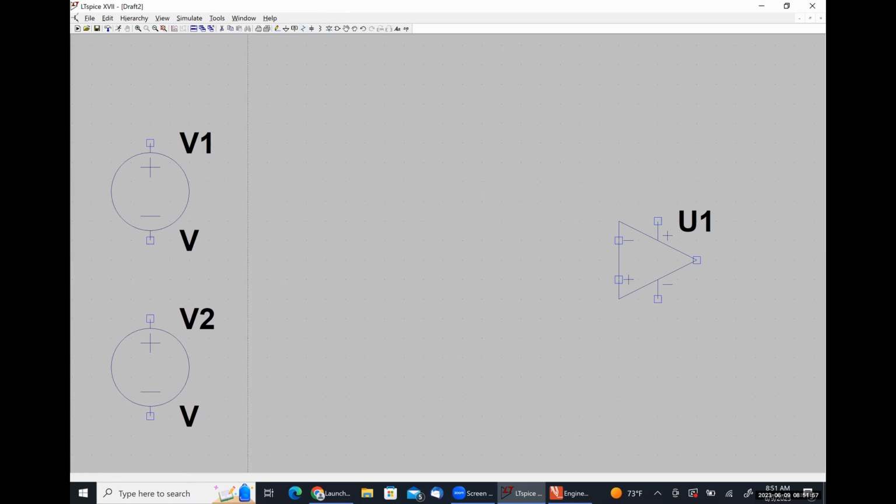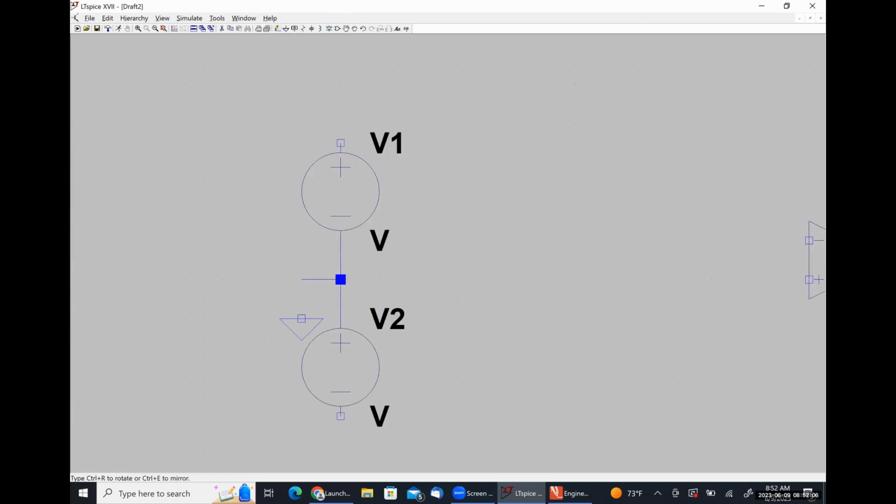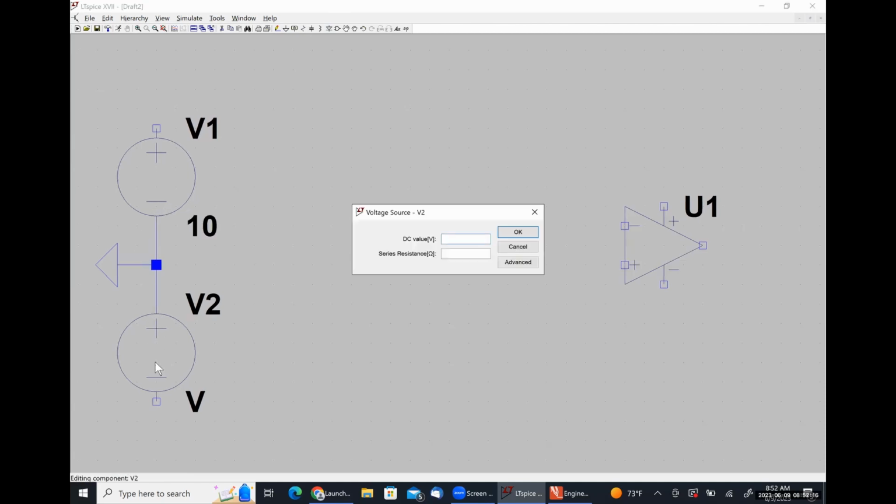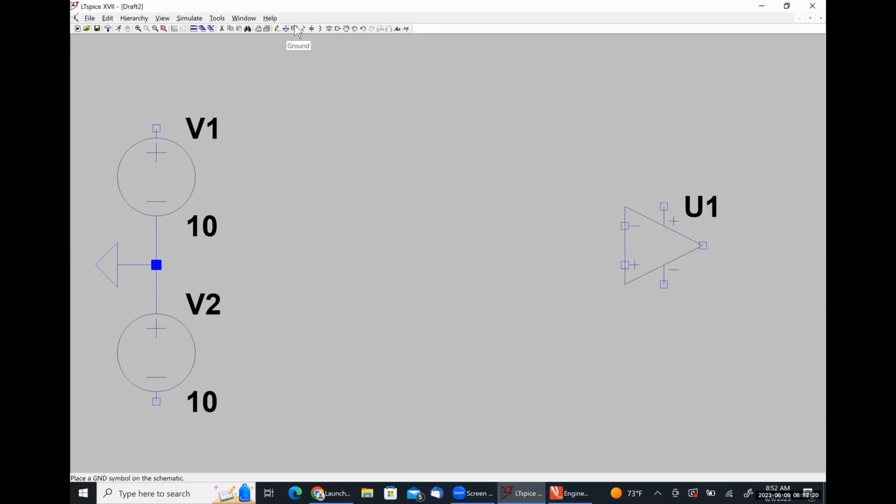Let's tie these together. Ground node here. Let's make this 10 and minus 10 effectively, just for the sake of argument, doesn't particularly matter.